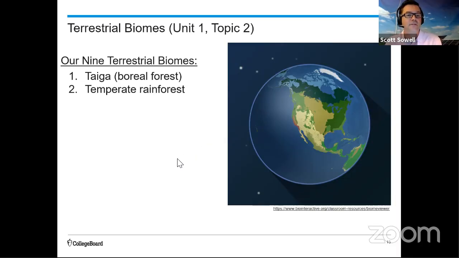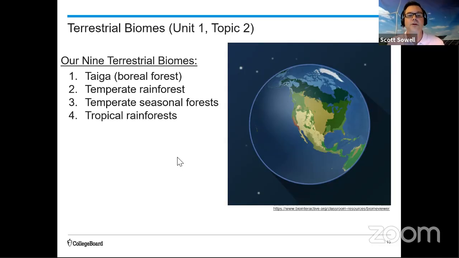Then we have temperate rainforest, temperate seasonal forests, and tropical rainforest. These first 4 are grouped together because they're all forests, and we're going to walk through each of these 4 so you can see similarities and differences. And then we move into shrubland, which is not dominated by trees, more of shrubs. And you'll notice in parentheses it says chaparral.